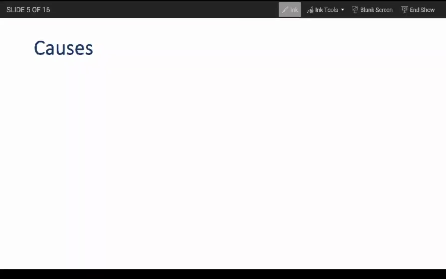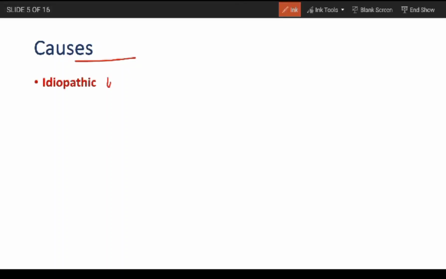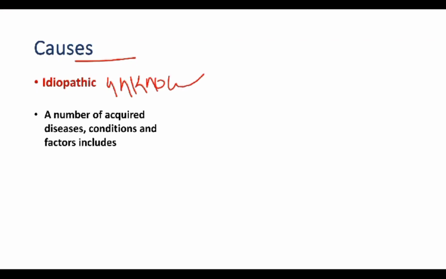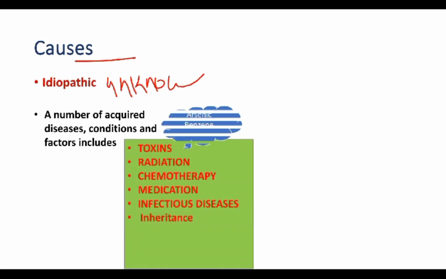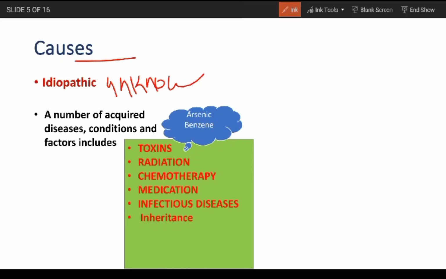Next, what are the causes of aplastic anemia? Nearly 70% of aplastic anemia is idiopathic. Idiopathic means unknown. A number of acquired diseases, conditions and factors include toxins like arsenic and benzene. A brief note on arsenic poisoning: it shows basophilic stippling, basophilic dots in the RBC, not stippling of basophils.